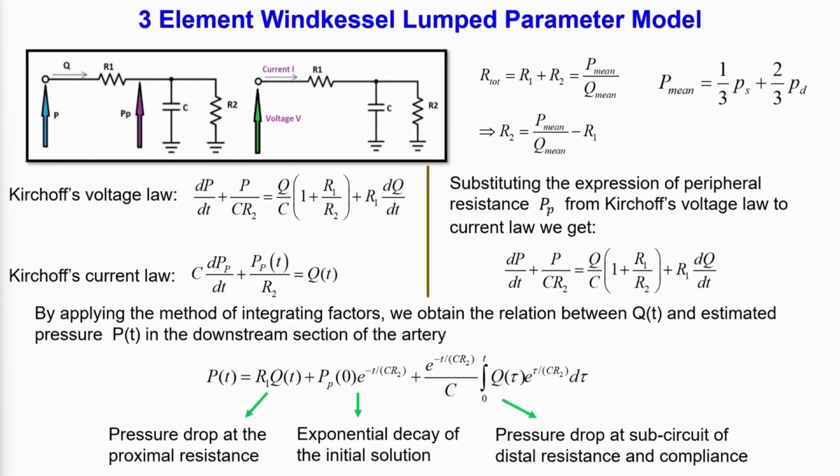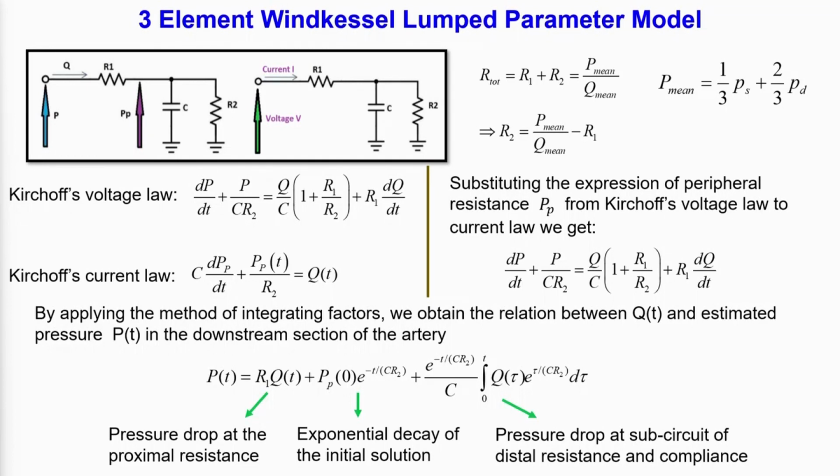And Kirchhoff's current law says the total current is the sum of the currents at the junctions. So, if the total current flowing is Q, that is the right hand side, in the left hand side it is distributed, one going to C and another going to R2.